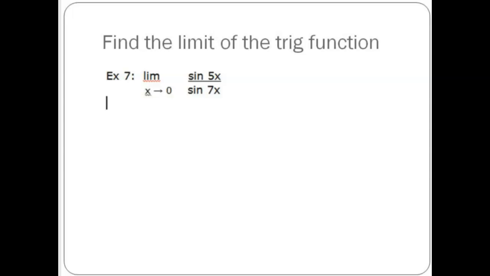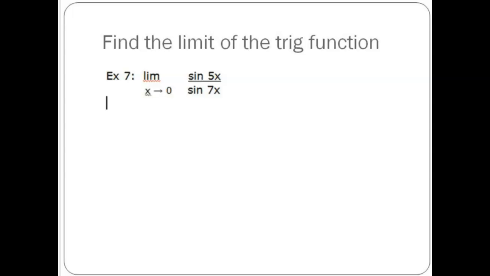Okay, now we have sine 5x over sine 7x. The reciprocal of the limit was also true. We proved that back in chapter 2.